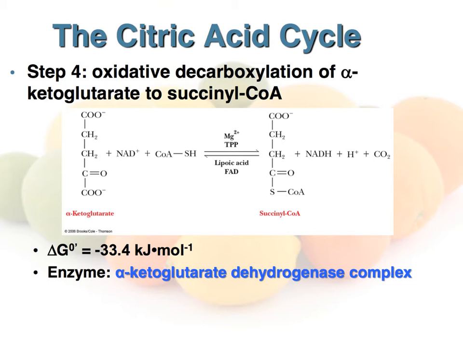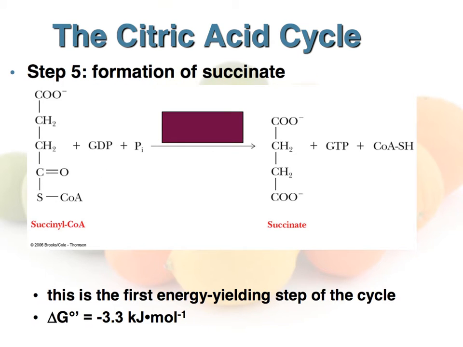So now we have succinyl-CoA, which remember is actually one of the things that can feed back and inhibit citrate synthase, or step 1. Okay. I'll give you a moment to look this over. We're going from succinyl-CoA to succinate.